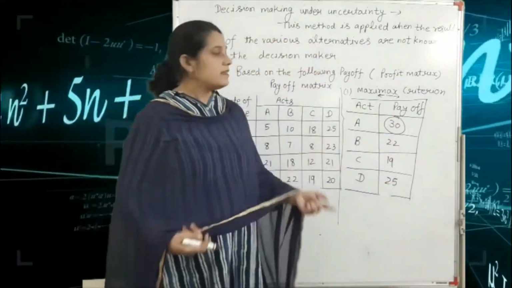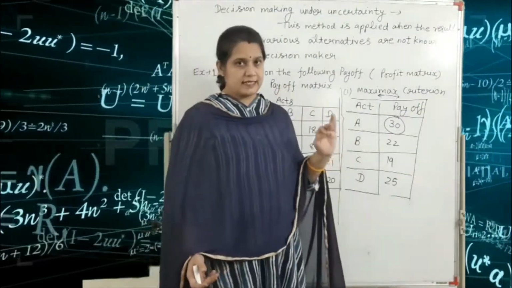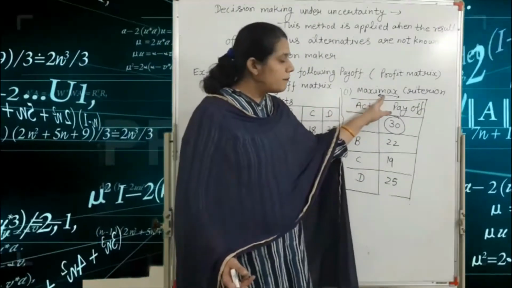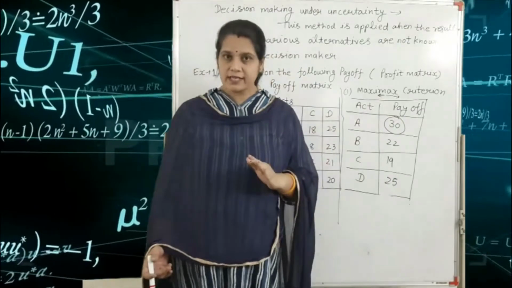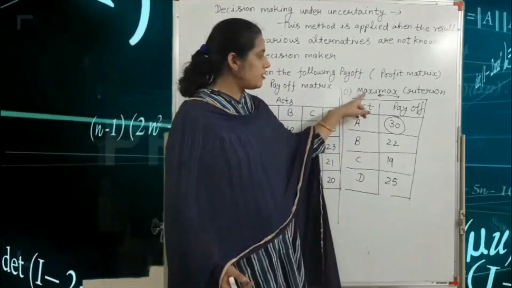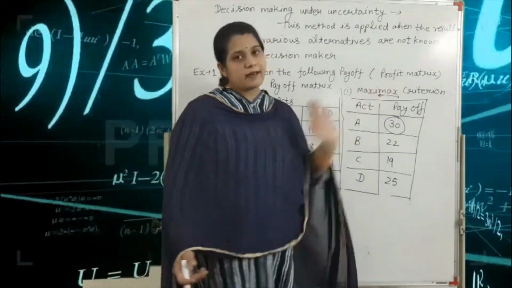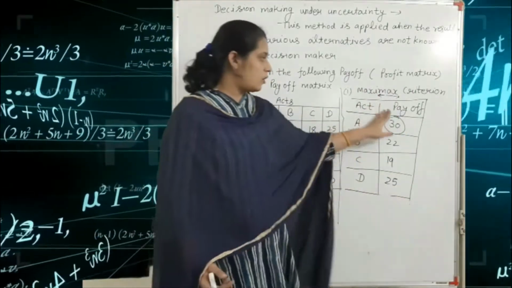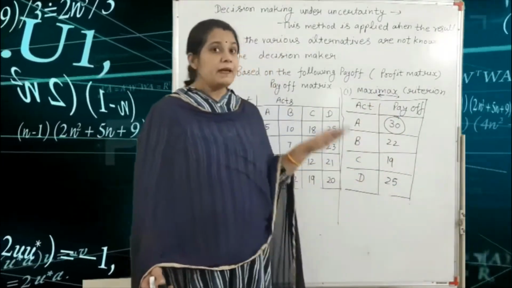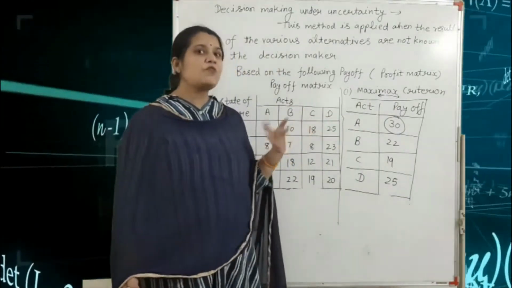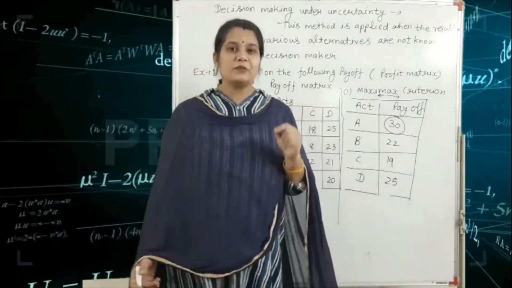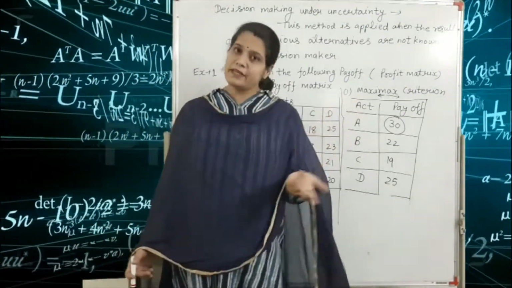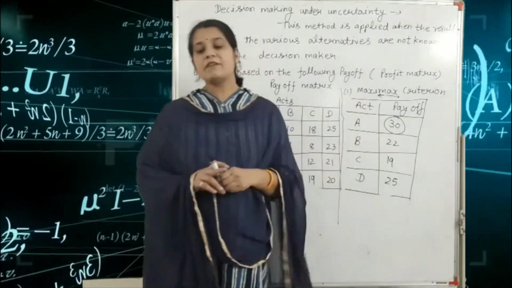In case this question is in minimax form, for example, if this question depends on the minimax criterion, first we find the maximum value according to this table. But in this table, we choose the minimum value, because here we write the minimum word. Here the maximum value is 30.